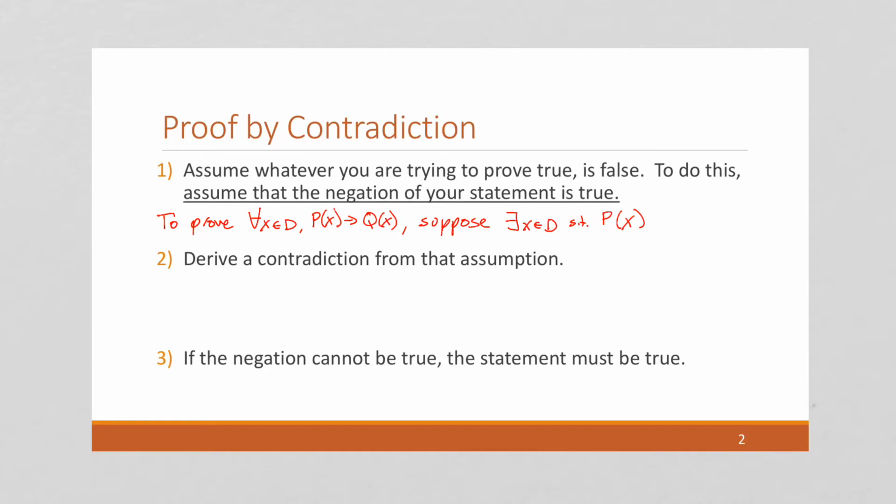So we want to suppose that there exists an element of our domain such that our initial statement P of x is true and Q of x is false. And from that, we want to derive a contradiction.